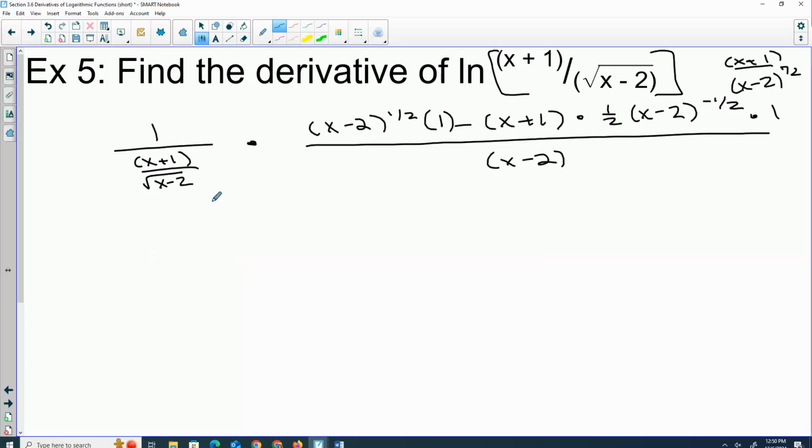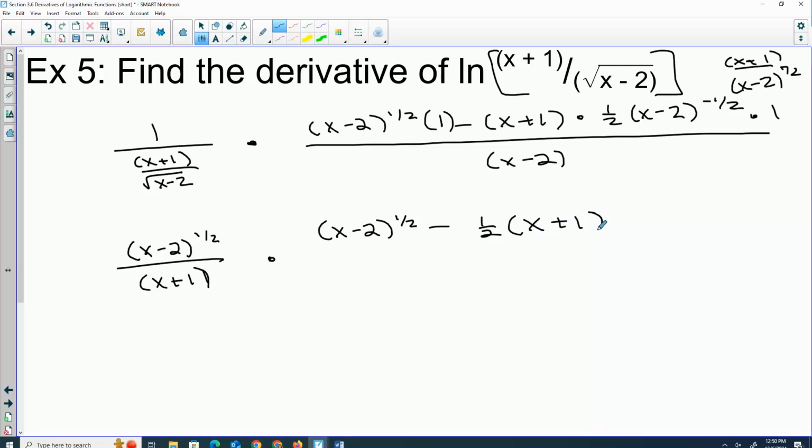Okay, let's clean this up. 1 over a fraction, you can flip and multiply, so it would make it x minus 2 to the 1/2 over x plus 1. Okay, this is x minus 2 to the 1/2 minus 1/2 x plus 1 x minus 2 negative 1/2.